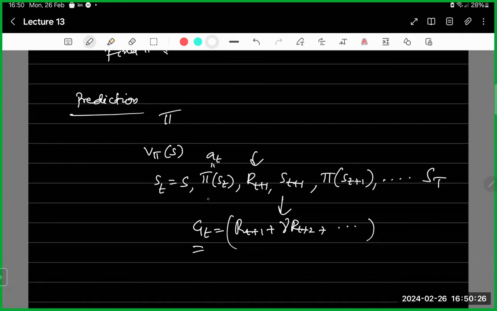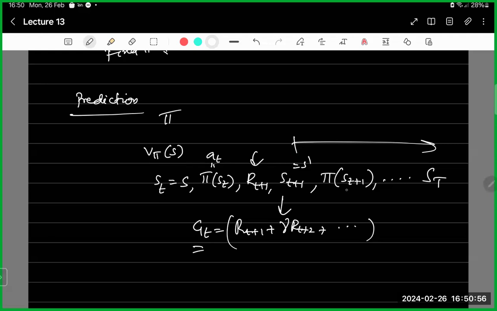So if you measure the GT from state S, that will give you an estimate of V pi of S. Let's say S(t+1) equal to S dash. If you look at the G(t+1), that will give you a sample estimate of V pi of S dash, right? If you look at the return starting from this place, you'll get an estimate of V pi of S dash. So in this episode, you'll get a lot of estimates. Correct?